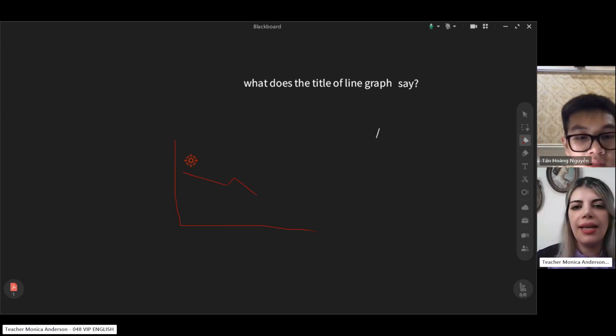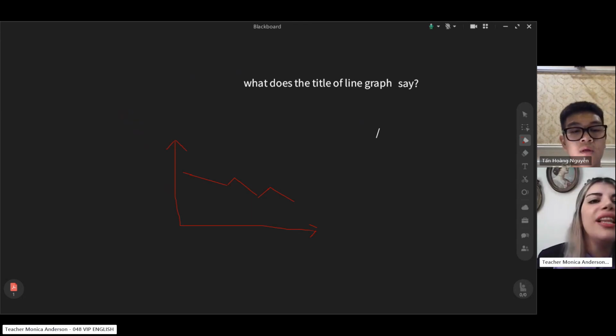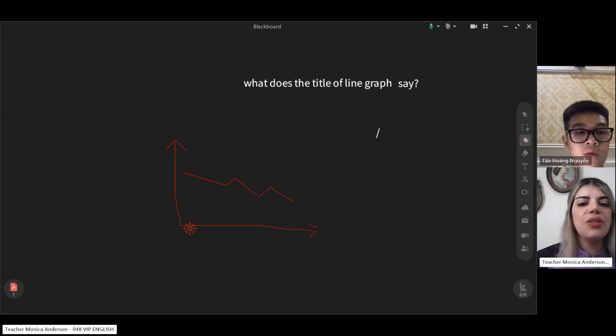I have a vertical axis and a horizontal axis. This one is vertical, this one is horizontal. So I have two axes here.